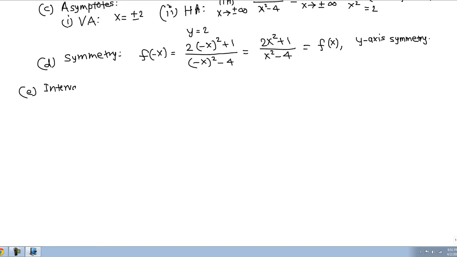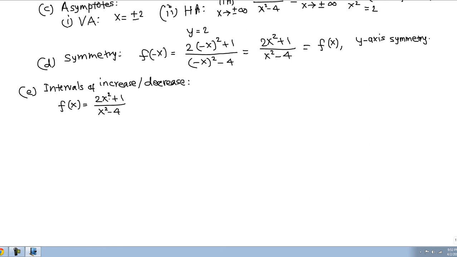Intervals of increase, decrease. Okay, now the calculus starts. We need to find the derivative of the function. In fact, the function was given in the question: 2x squared plus 1 over x squared minus 4.